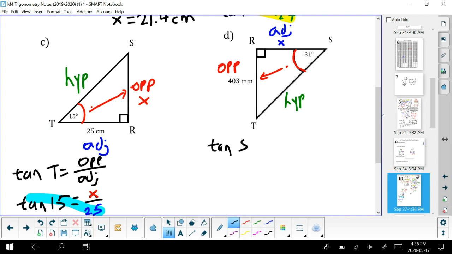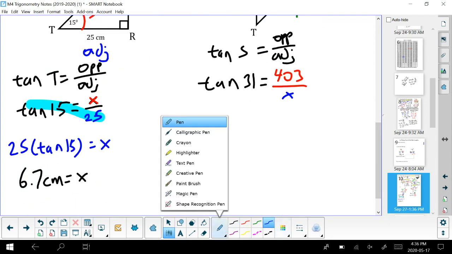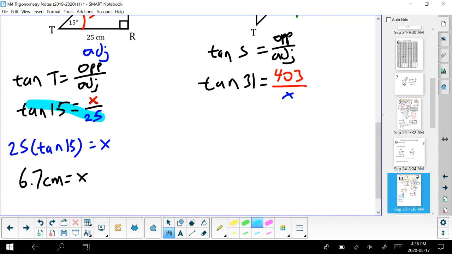Tangent of s is equal to the opposite side over the adjacent side. So tangent of 31 is equal to my opposite side, which is 403, divided by my adjacent side, which is x. We're going to cross multiply these to get rid of the denominator on the right-hand side.